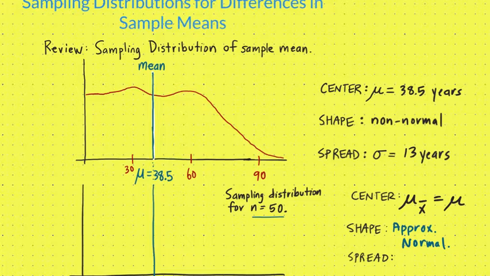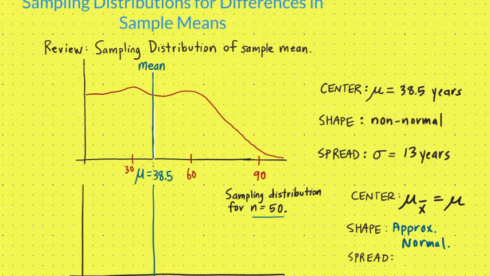This is what allows stats to happen, to be honest. The central limit theorem says as long as you take samples of size 30 or more, any shaped population will become normal if you look at it 30 or more at a time. The sampling distribution will be approximately normal if we have 30. Now, if the population were normal, it wouldn't matter what our sample size was. But if our population is not normal, then we need a sample size of at least 30.